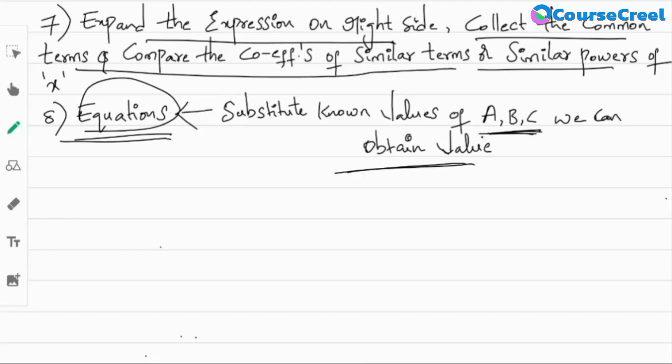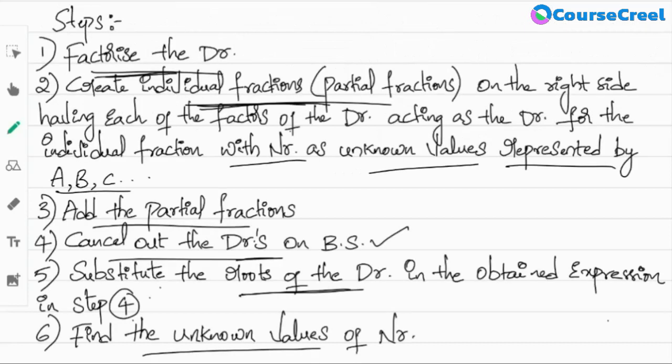So in this way, we can obtain the unknown values A, B, C of the numerators, and after obtaining these unknown values, substitute them in the partial fractions which we obtained in step 2. So by substituting those values, we can get the partial fractions, which means we have split the given proper fraction into multiple partial fractions. So these are the steps to follow in order to obtain the partial fractions.